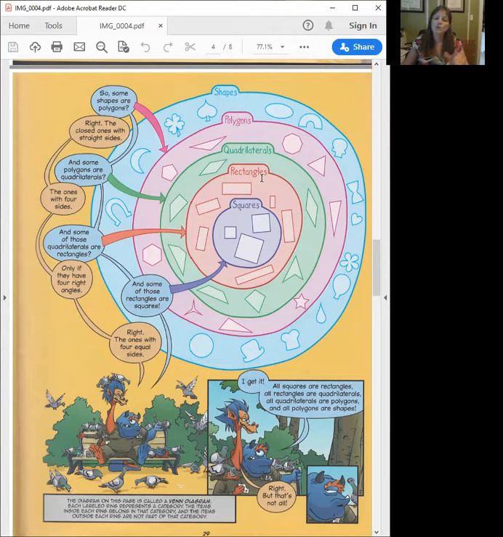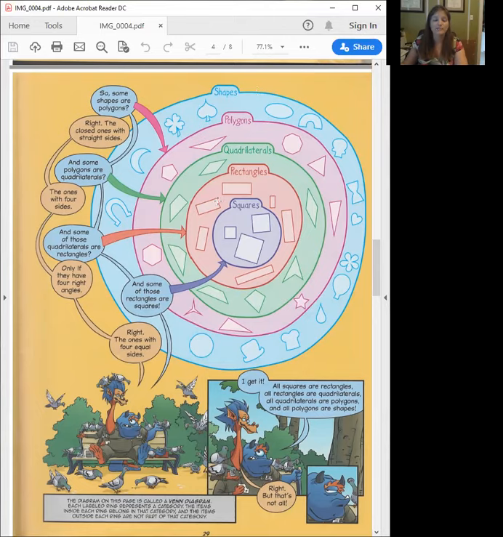And some of those rectangles are squares. Right, the ones with four equal sides. I get it. All squares are rectangles, all rectangles are quadrilaterals, all quadrilaterals are polygons, and all polygons are shapes. Right. But that's not all.